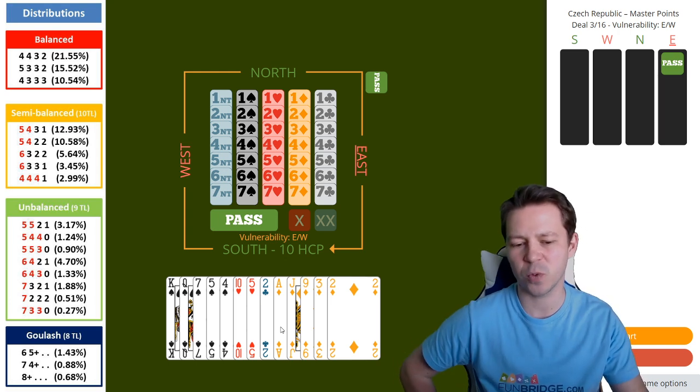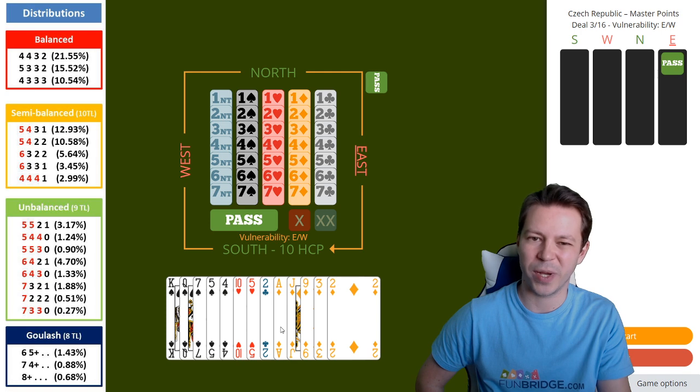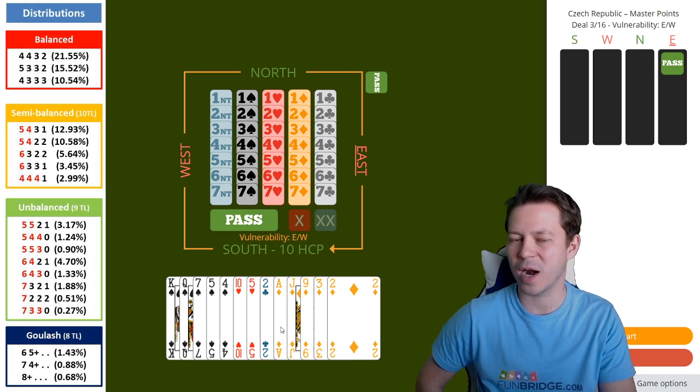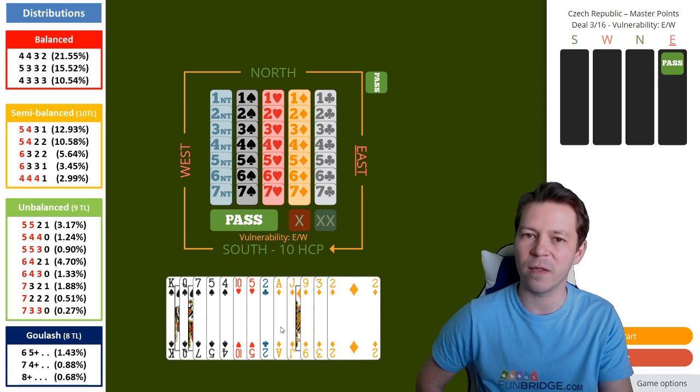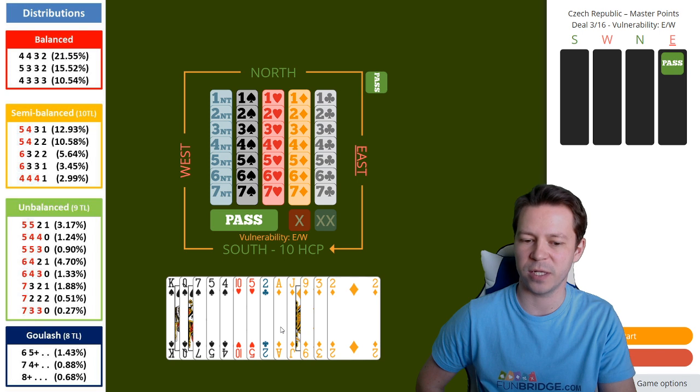Now the question is, with these 6 loser hands, what to do? Because you want to open this, but are they strong enough for the 1 level opening? That's the question, and that's the evaluation in all the systems. Some systems deal with this problem by having the 2 hearts and 2 spades openings showing these 5-5 hands.